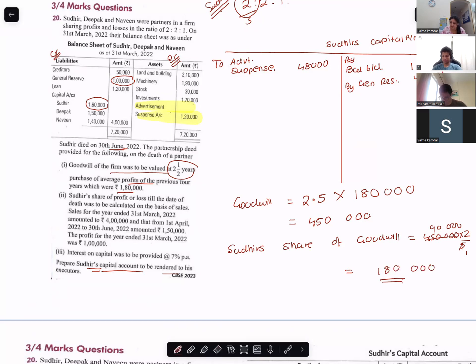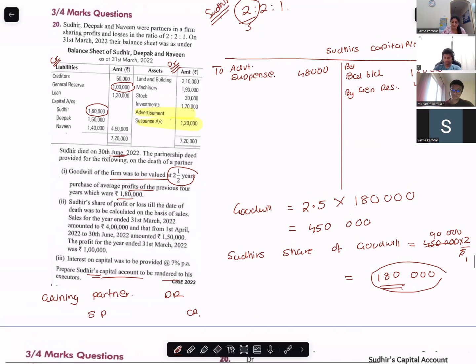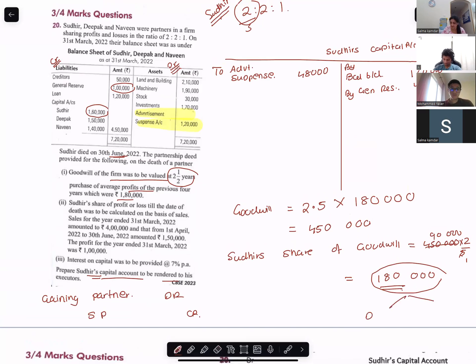Yes, ma'am. What is the entry for this goodwill? Gaining partner debit, sacrificing partner credit. So who are the gaining partners? Deepak and Naveen. So it will be shared amongst the gaining partners in which ratio?